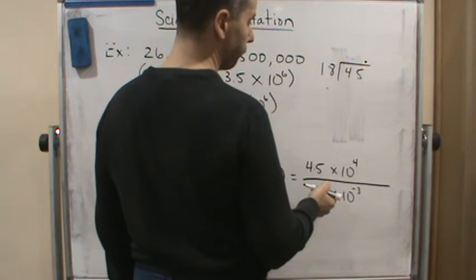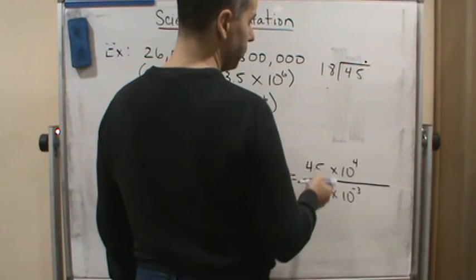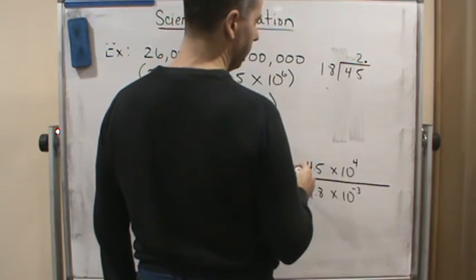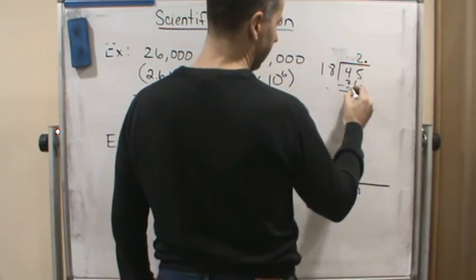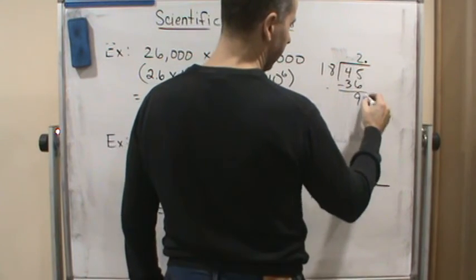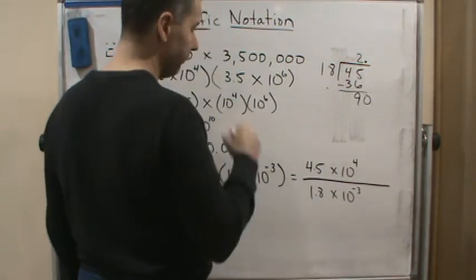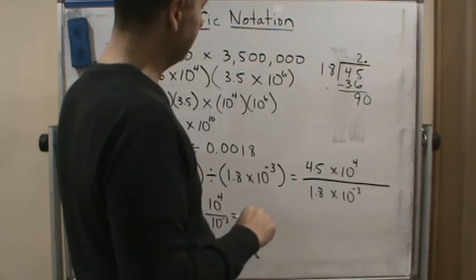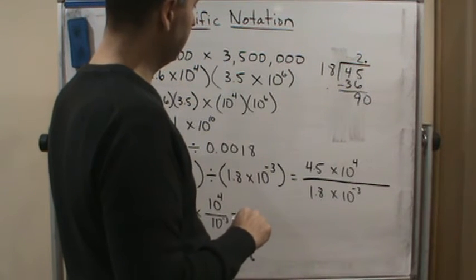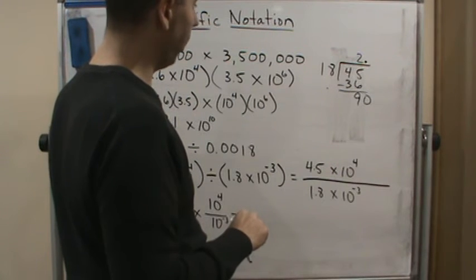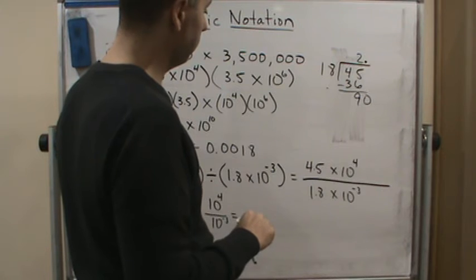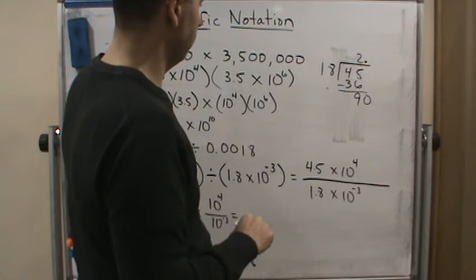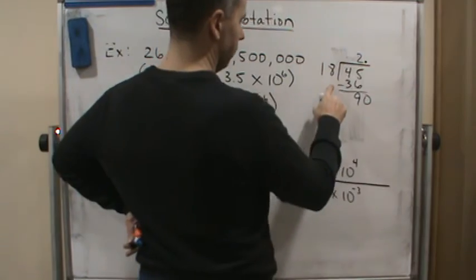So 18 goes into 45 twice, so that gives me 36. And so that's going to give me 9. And so drop down the 0.